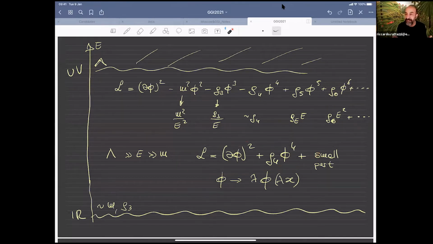Scale invariant Lagrangian means that you're doing, your audio is a little bit cut, so maybe it's better if you switch off your video for a better connection. I see. Yeah, sometimes we don't hear you for like a second or so. Oh, that's weird. Was it the case yesterday as well, Riccardo? No, yesterday was a little better. Your video gets stuck sometimes, so take away the video.